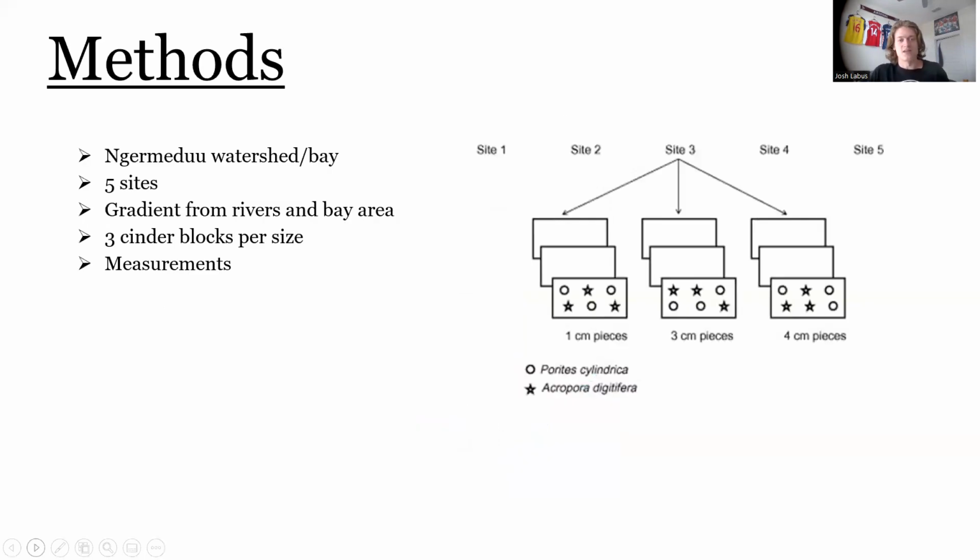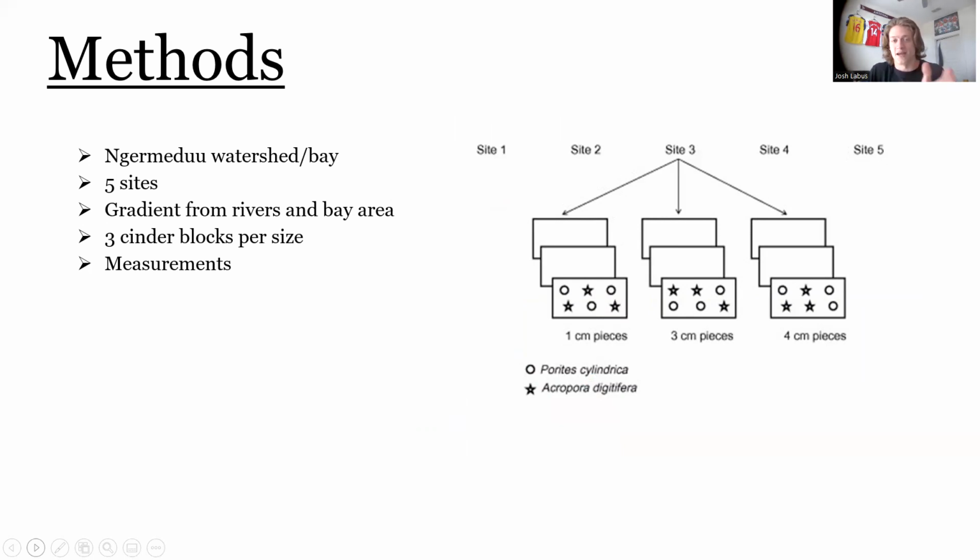Just to continue into the methods of this study, it was conducted in the Ngermeduu watershed or bay area. Basically what they did is they took 5 different sites, and each of these 5 sites varied in distance from the outlet of the river or the bay, which is this freshwater source that contains all of the nutrients and sediment.